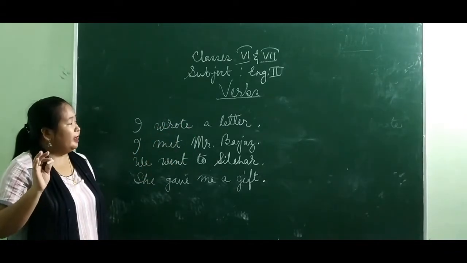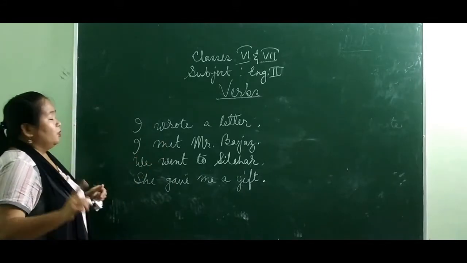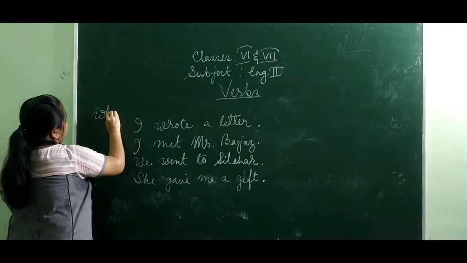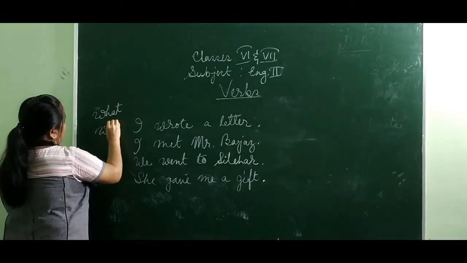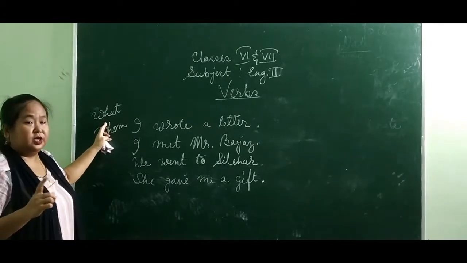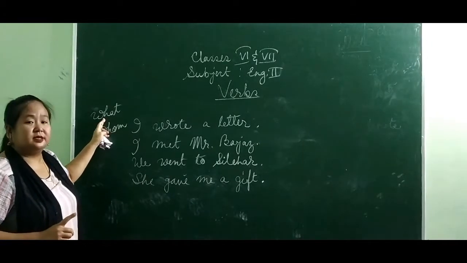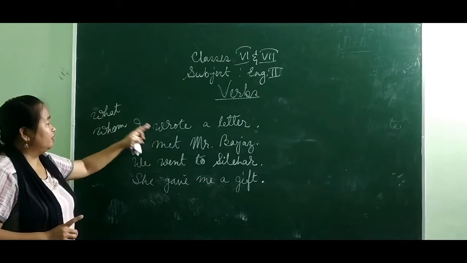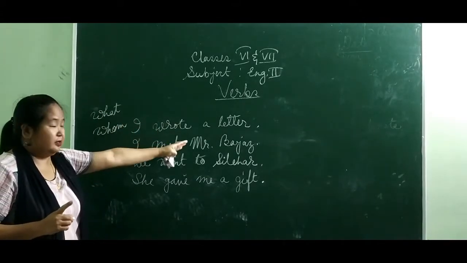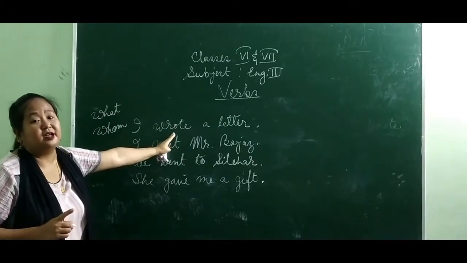To find an object in a sentence, we need to ask two question words to the verb, that is what and whom. To find an object, we ask what to the verb, and if you find an answer, then that verb is a transitive verb.